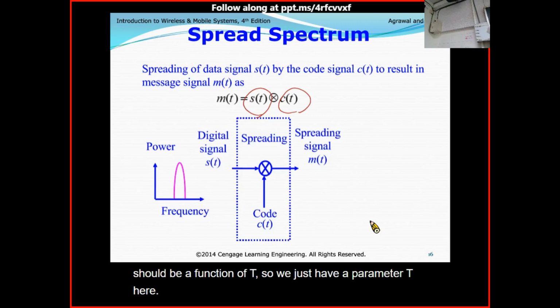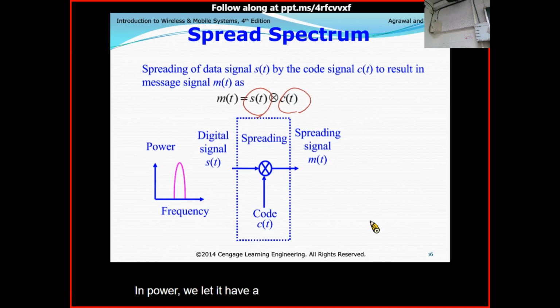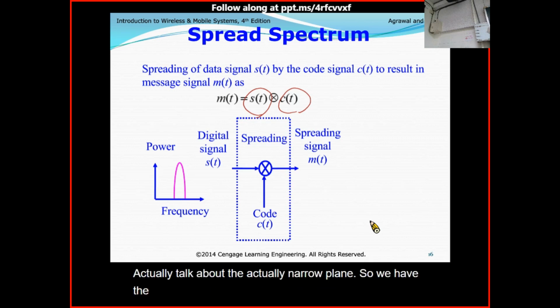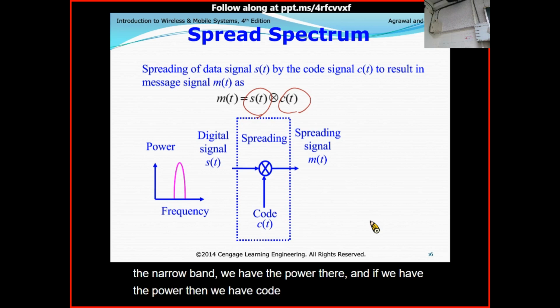And power, we already have a power. So spread spectrum actually talks about a narrow band. So we have the narrow band, but we have the power there. And if we have the power, then we have a code. And with the code, we have a possible way to spread the signal.